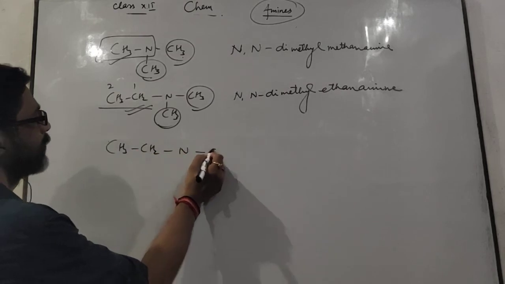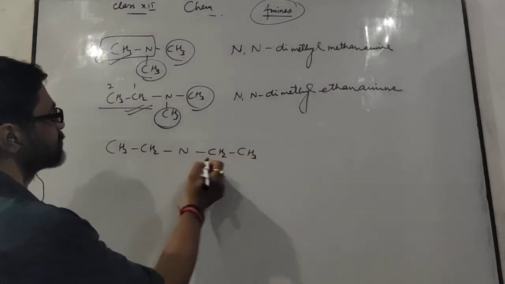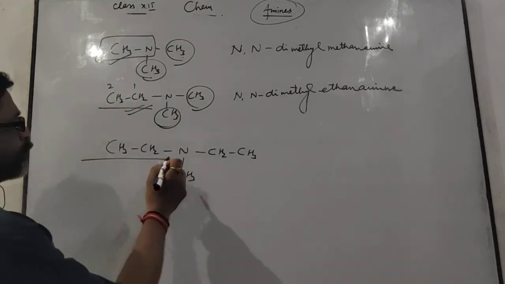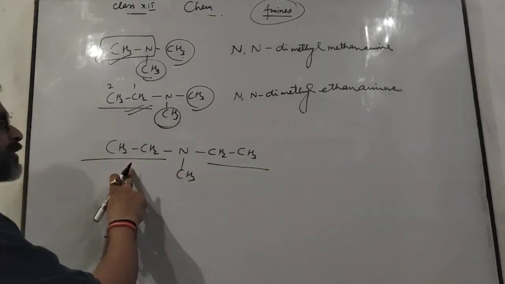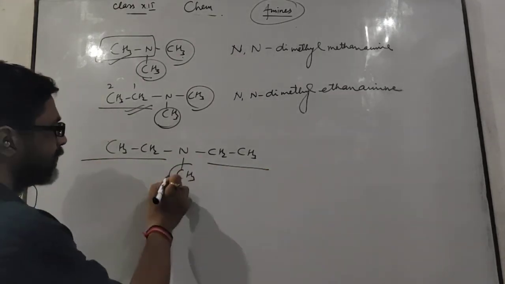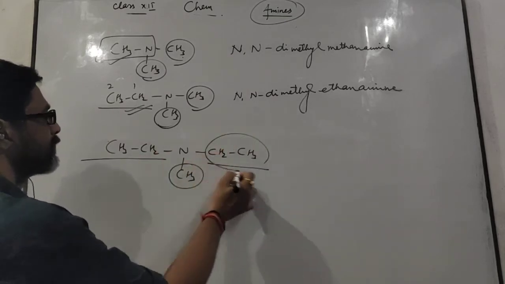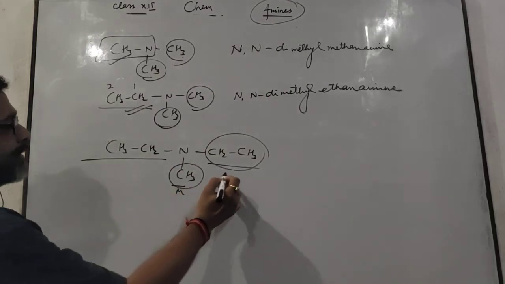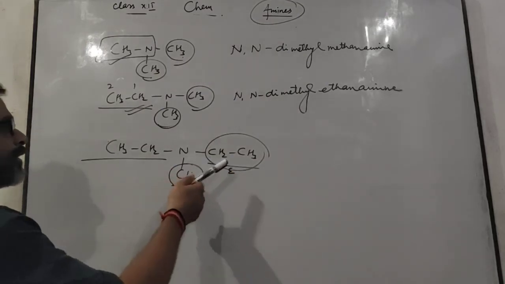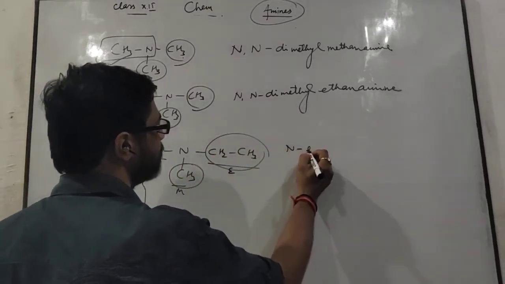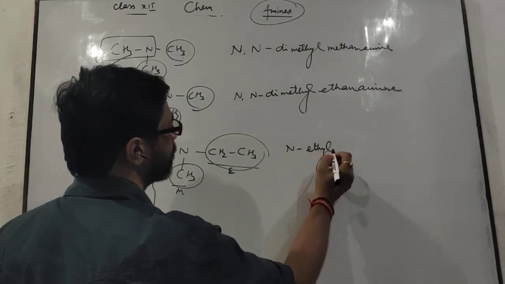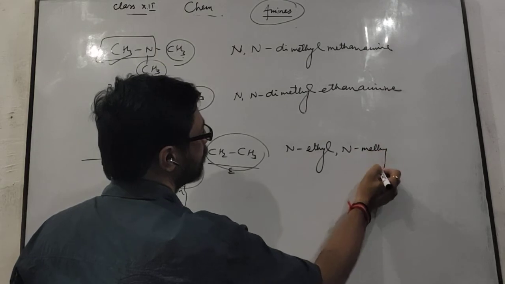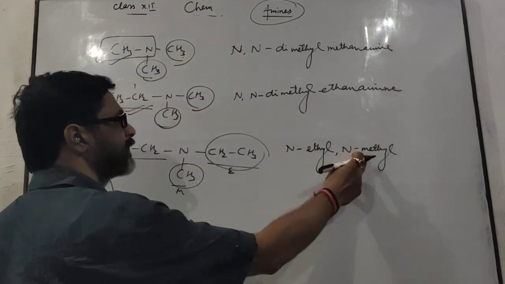CH3, CH2N, CH2, CH3, and this one is CH3. Okay. Here you can take this one or this one as a main chain, and any of them I take this one as a side chain. This one is methyl and this one is ethyl. Means its name becomes N-ethyl, N-methyl.